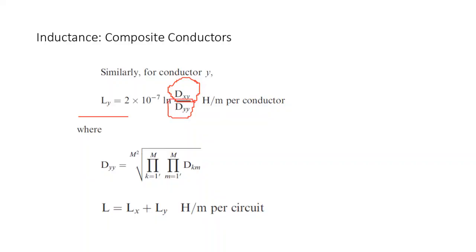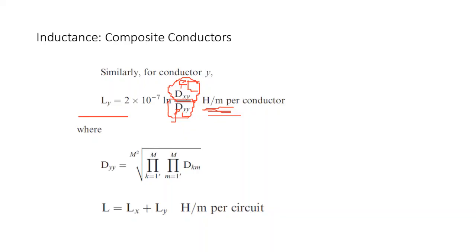And here you will see Henry per meter. So it does not depend, you will tell me, on the units of D. Units of D could be in feet, okay, feet. And also this should also be in feet, no problem, feet over feet. This still will be Henry per meter.